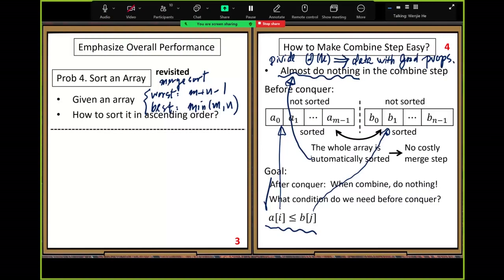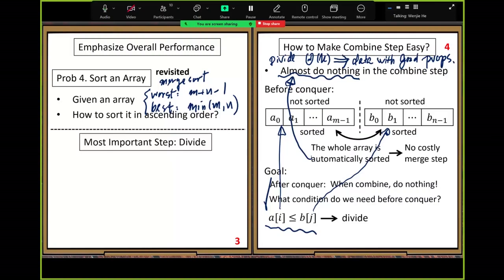That's the nice property we want to have. So our next step is the divide step. After we set our main design goal, we need to implement our divide step to achieve this goal.